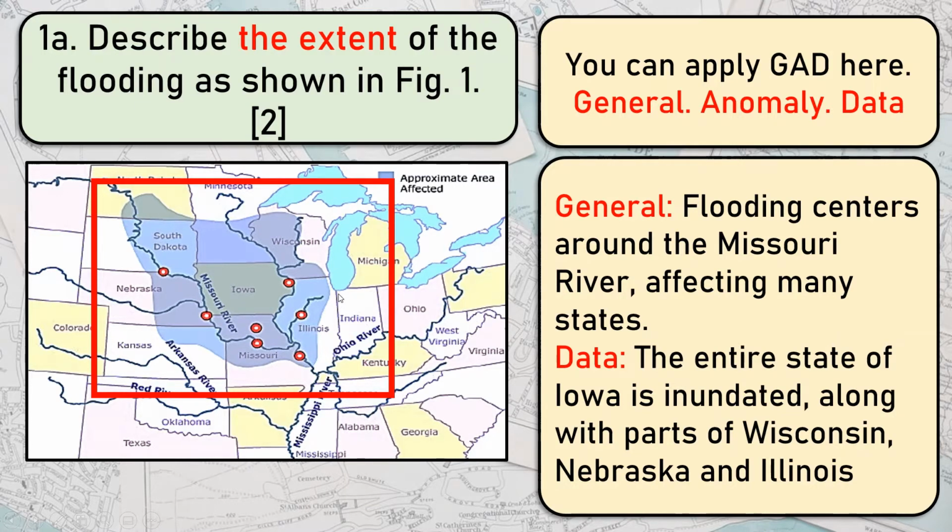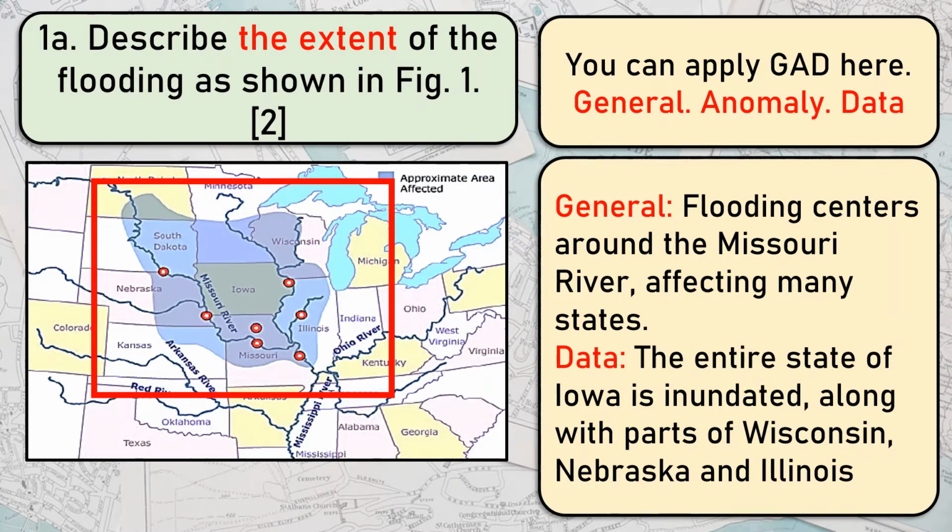Alright, so then after we have mentioned the general trend of which areas are affected, you want to include your data because remember we have to make reference to the figure. So in this question, we would actually quote the different names of areas, the different states which were affected by the flood. So the entire state of Iowa is inundated.